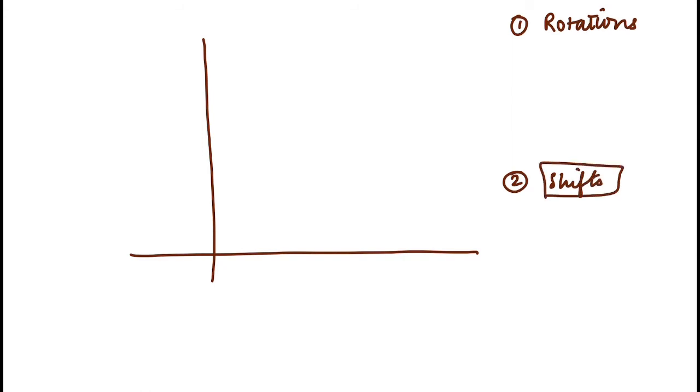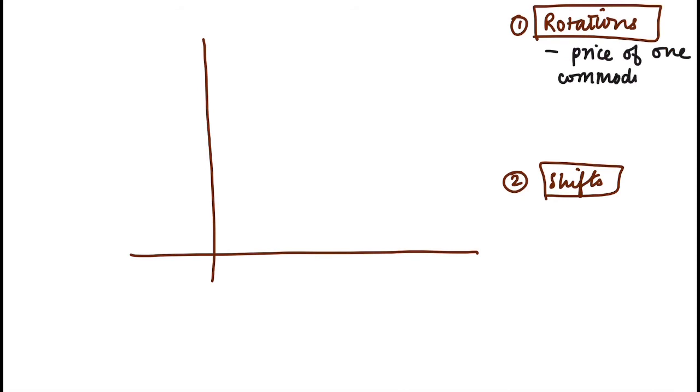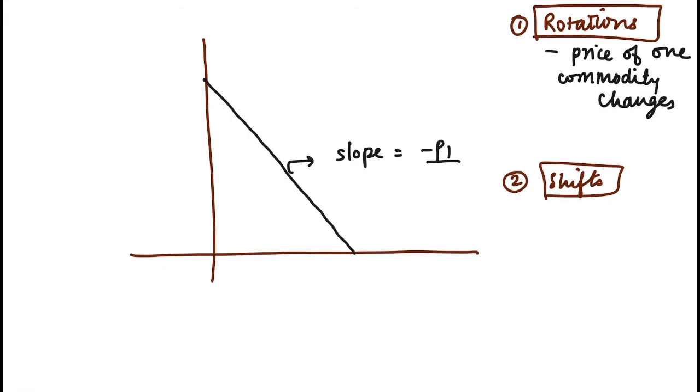Okay, so now let's look at how shifts and rotations take place. So rotations in the budget line happen when only price of one commodity changes. And we know that the slope of the budget line is really the price of x1 by x2.